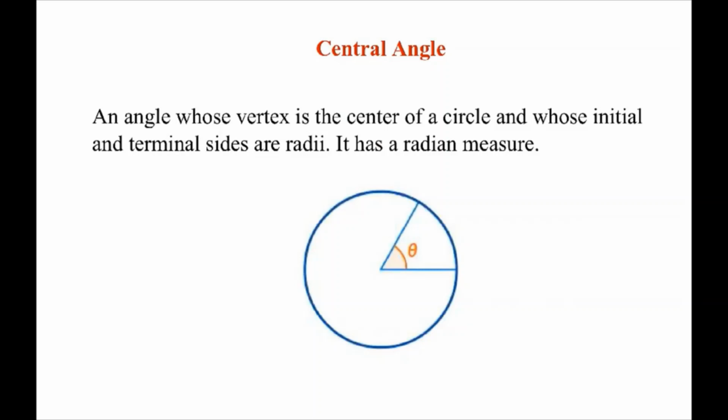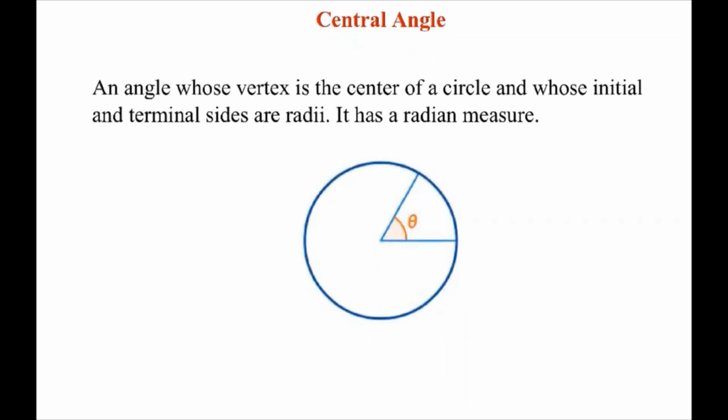Now, we are going to talk about the central angle. What is a central angle? A central angle is an angle in which the vertex is the center of the circle, and the initial side and the terminal side are radii. So this is going to be my theta.